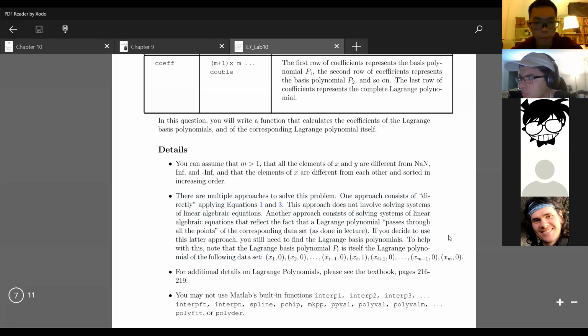You're going to have a data set where you have x1, x2, dot dot dot, and then at some x that's set at some value i, it's going to be 1, and the rest of them are going to be zeros, all the way up to x to the power of m, which is the last one.